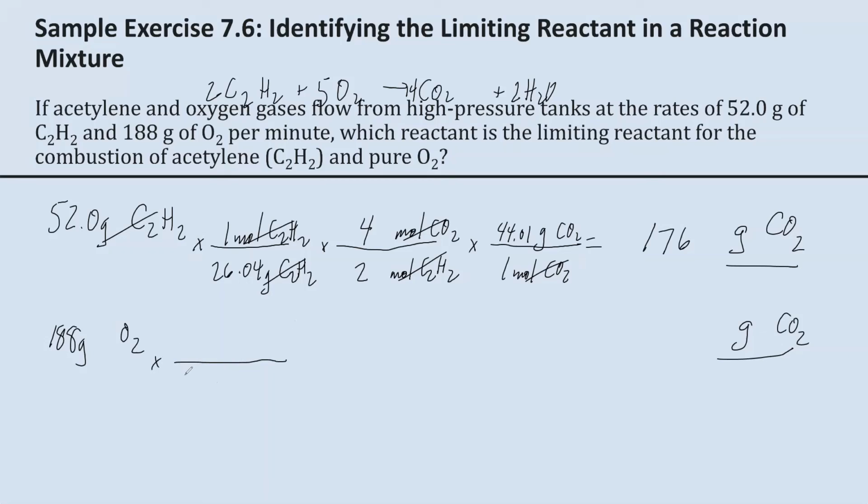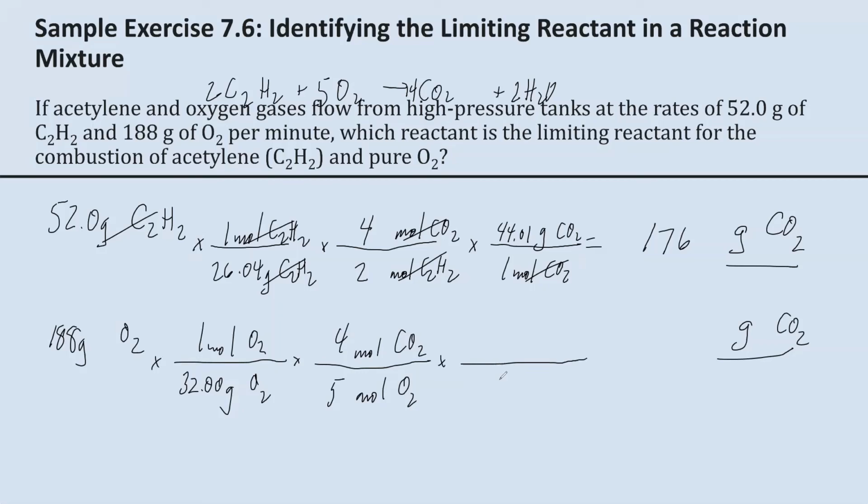For oxygen, 32 grams in 1 mole. 5 moles of oxygen for every 4 moles of carbon dioxide. And 1 mole of carbon dioxide is the same, 44.01 grams. So you can see the last step in both of these conversions is exactly the same because, again, we're going to the same product, and that's important.